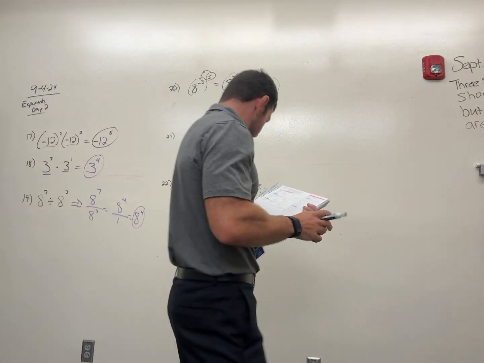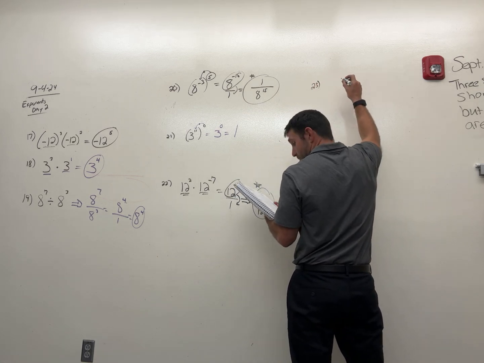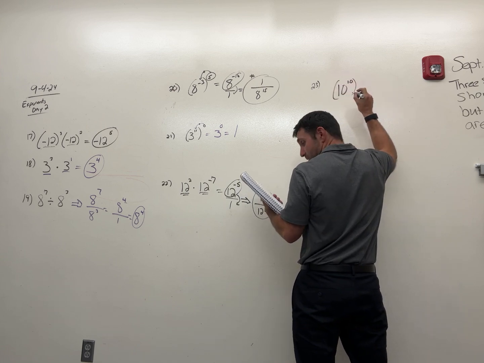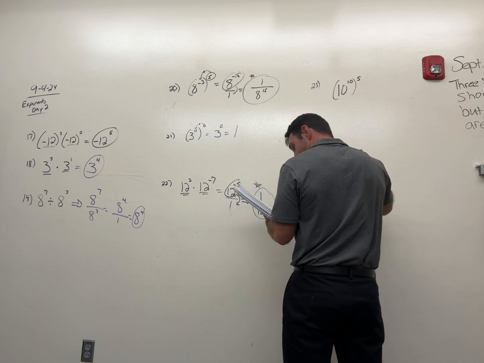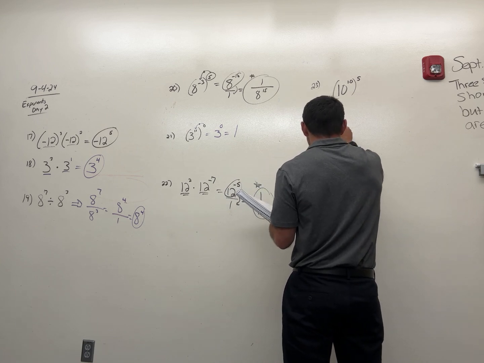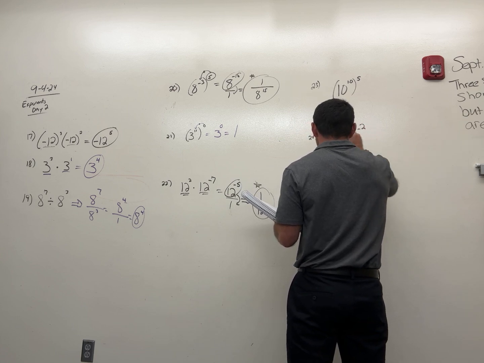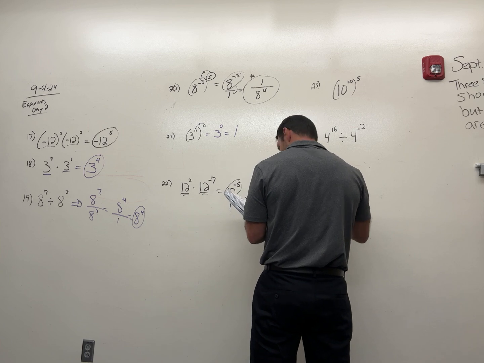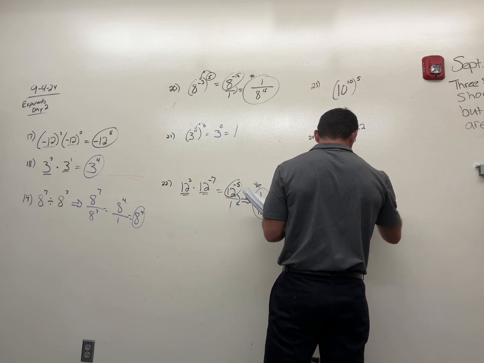So let's do 23, which should be a nice quick one, which is 10 to the 10th raised to the 5th. 24, a little bit trickier, 4 to the 16th divided by 4 to the negative 2, definitely a little trickier. And 25, not tricky at all. 10 to the 12th multiplied by 10 to the negative 3.